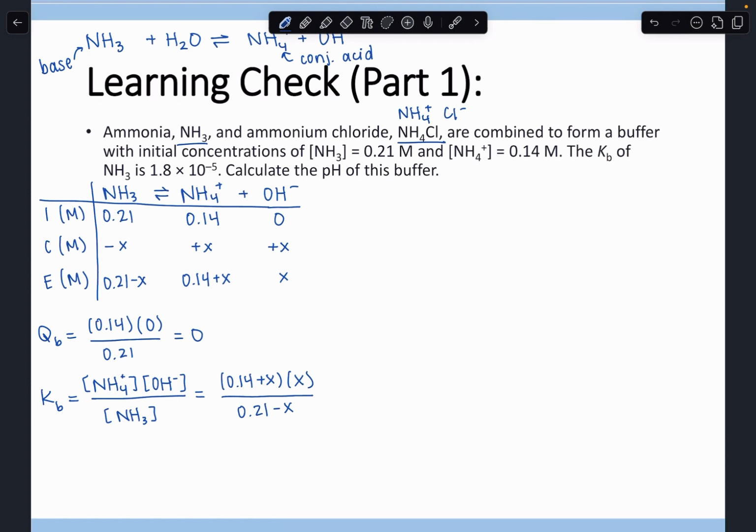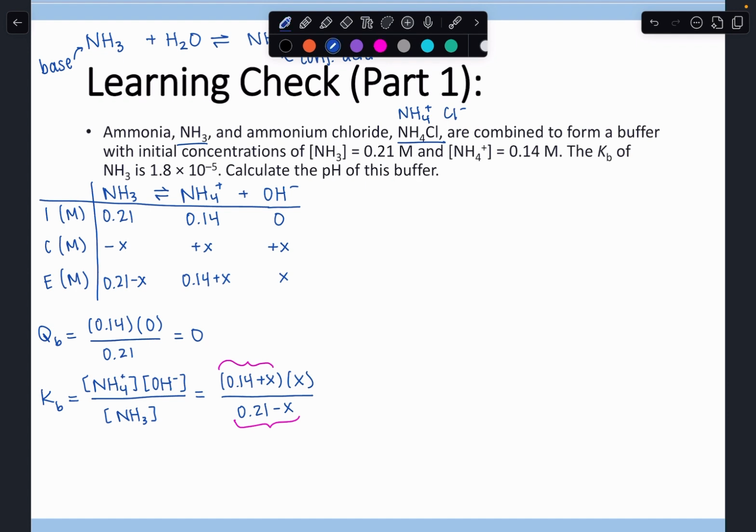Well, these are both weak acids and weak bases. NH3 is a weak base, NH4 plus a weak acid. Each of these would dissociate very little, so the change, the X value, is going to be very small. So these two factors can be approximated as 0.14 and then 0.21.